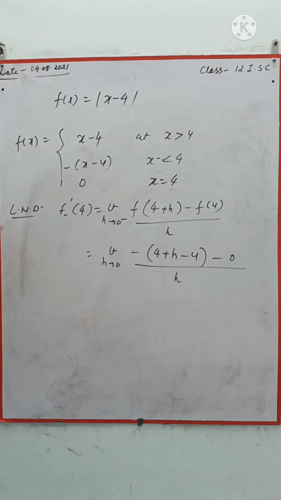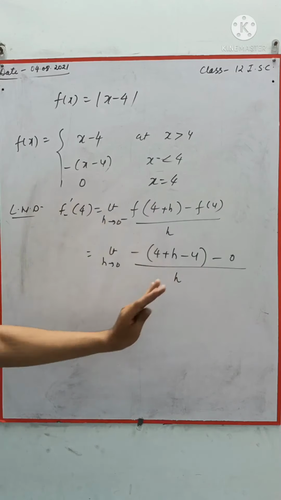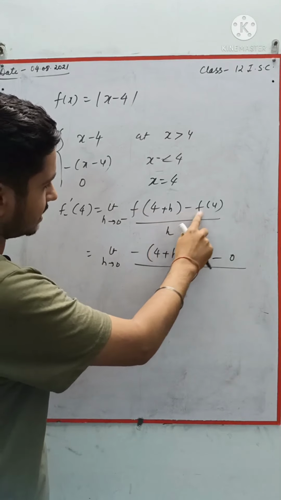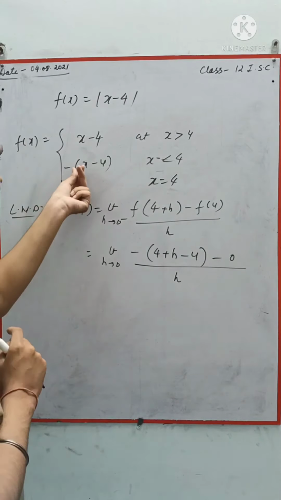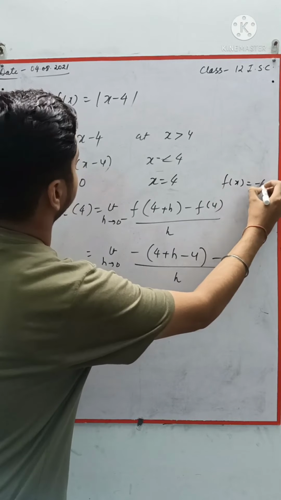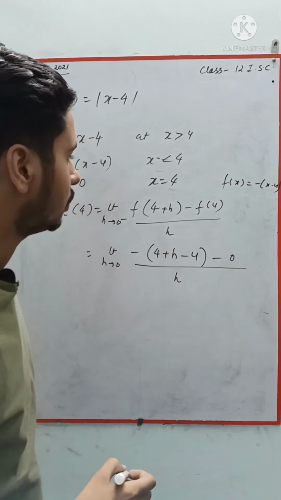Now I am going for the differentiability. So LHD, f dash of 4, is limit h tends to 0 minus of f(4 plus h) minus f(4), upon h. At this point this is LHD, so our main function f(x) will be minus of (x minus 4).